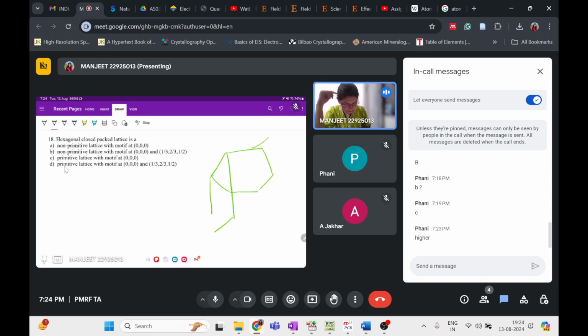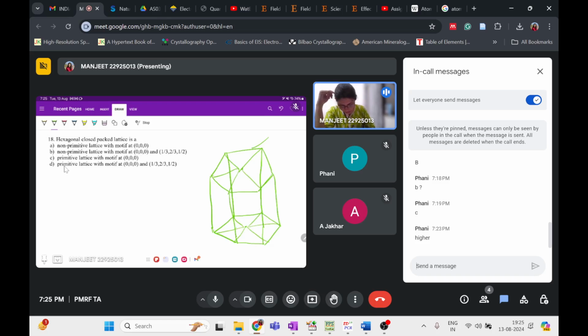It is difficult to draw, but it is similar to this one.